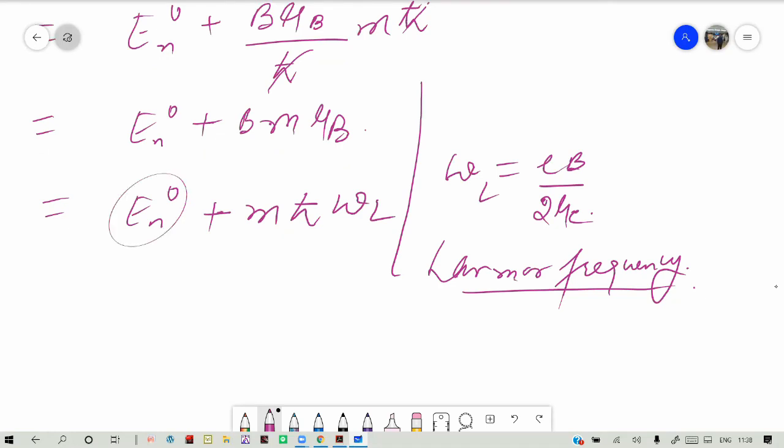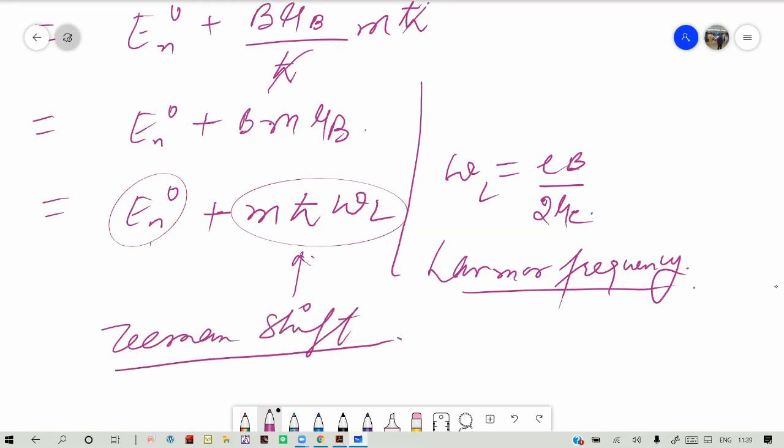This is the ground state energy. So any energy level with this ground state level is shifted by this much because of the external magnetic field. And this is the Zeeman shift, energy shift, or the Zeeman effect.